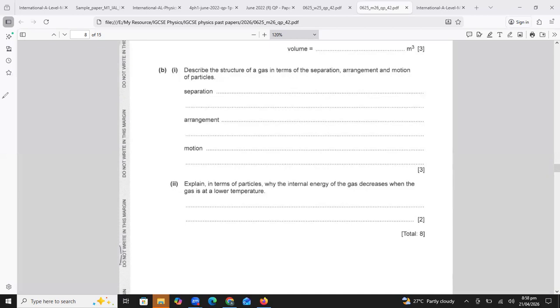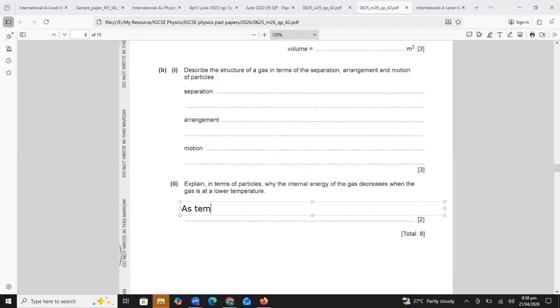So we have to write a detailed answer. Basically, kinetic energy of the molecules depends upon the temperature of the molecules. So it means that if we decrease the temperature, kinetic energy will decrease, and which will decrease the internal energy of a substance. All right.